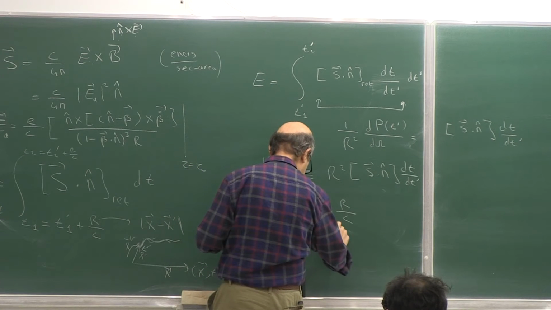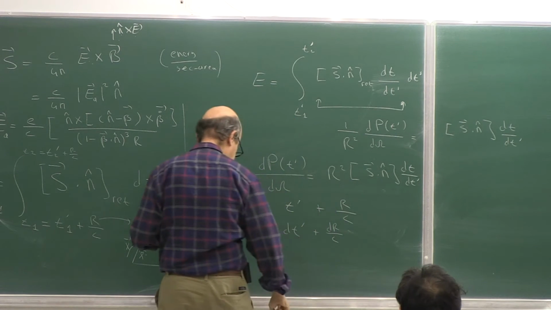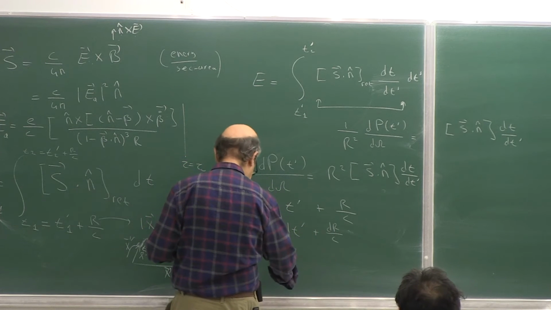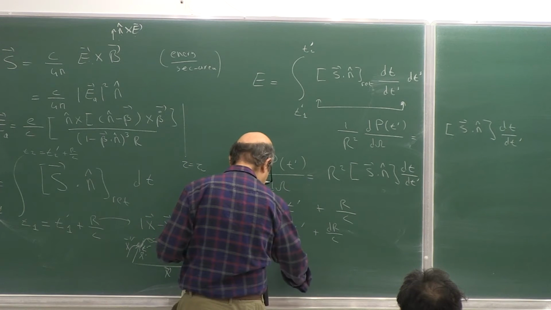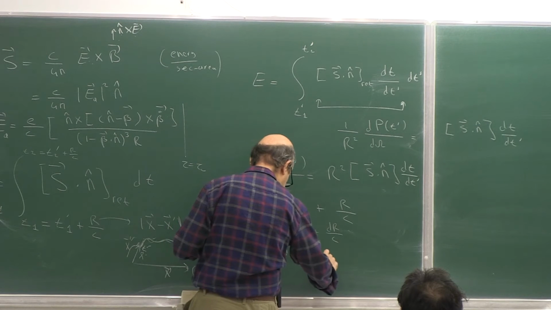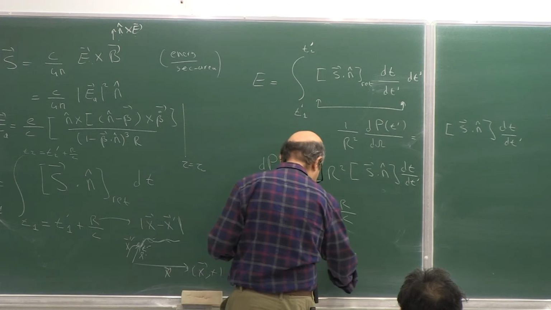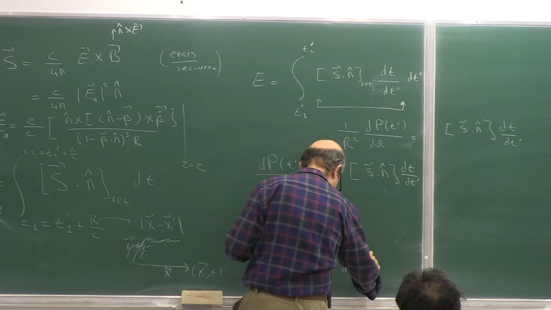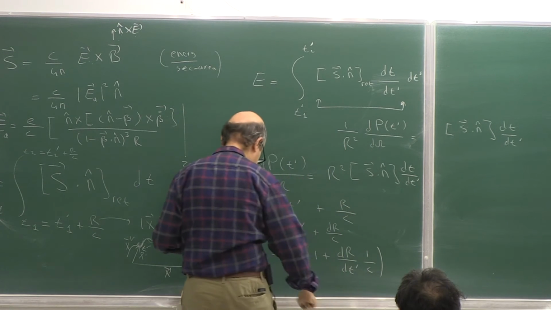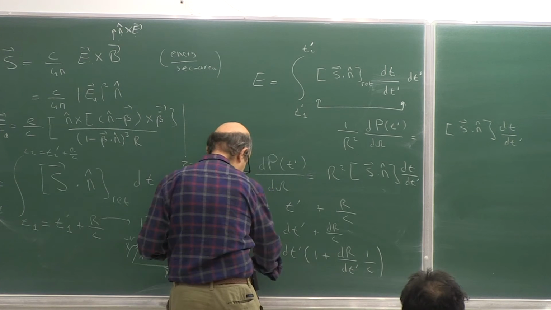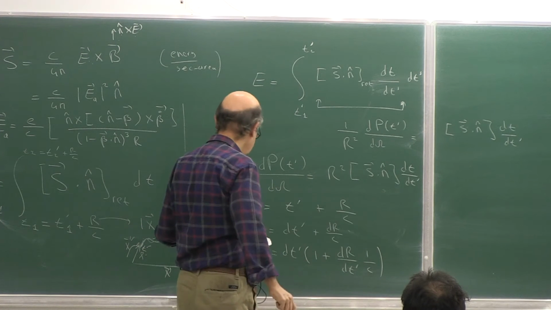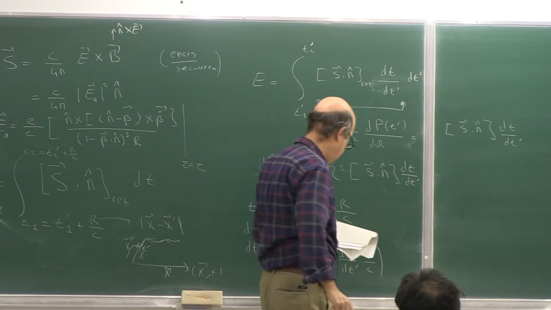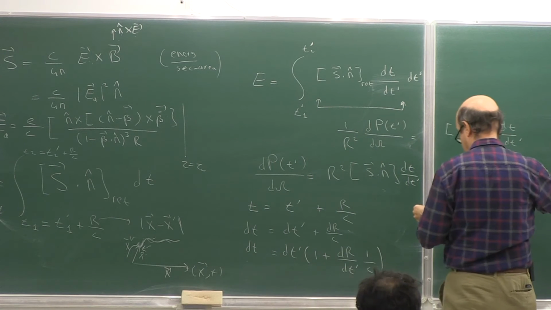plus dr over c. Taking dt prime out of the parentheses, that will be dt prime times 1 plus dr over dt prime times 1 over c. So what is dr over dt prime? Let us draw the coordinates again.